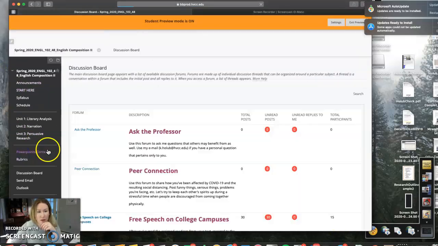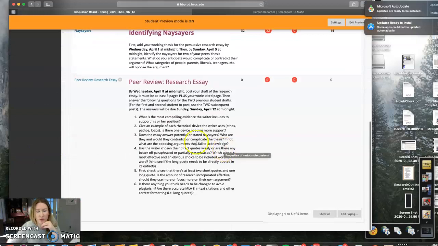And then by Sunday, I asked you guys to answer these questions for 2 of your peers. So the way it's going to work in terms of not having groups, because obviously we're at home: the first 2 people I'll get to in a minute, but everybody else, when you post, you are going to post to the previous 2 people who posted before you. So if you're the 3rd person, you're going to respond to the first 2 people. If you're the fourth person, again, you're just going to look the 2 up.